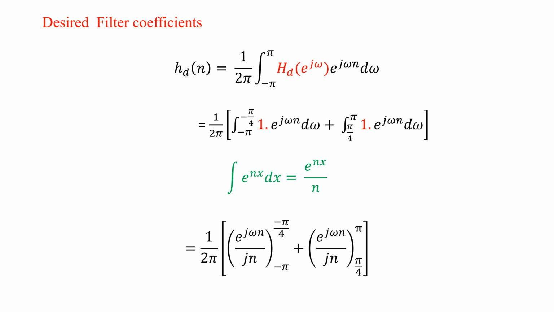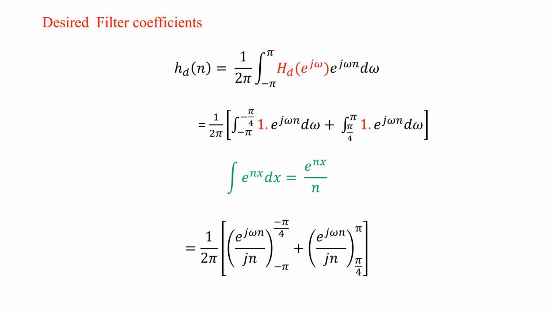In place of capital Hd of e power j omega, we have to substitute the values as given in the problem. From minus pi to minus pi by 4, capital Hd of e power j omega is 1. Similarly, for omega from pi by 4 to pi, capital Hd of e power j omega is 1. For the remaining values of omega, it is 0.